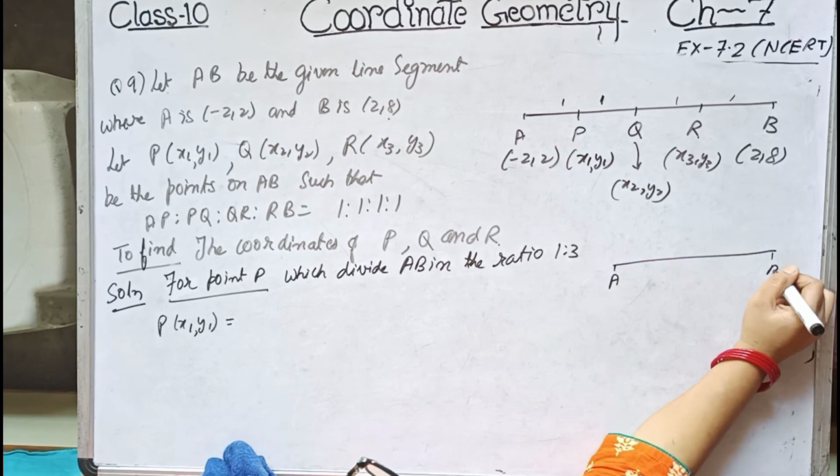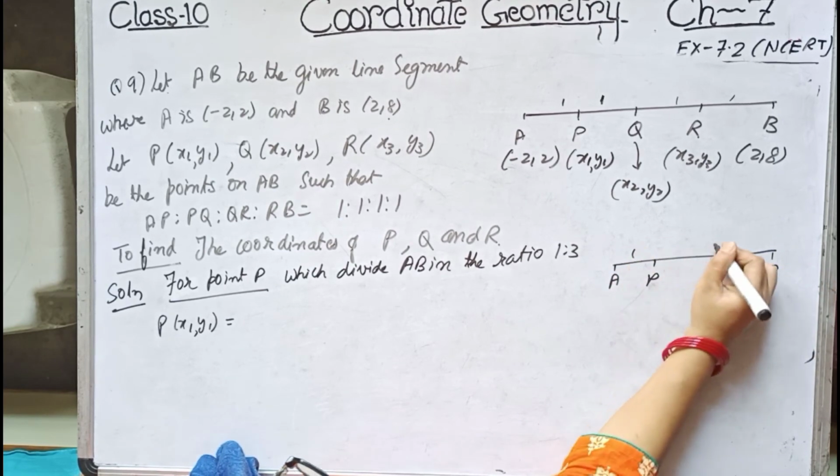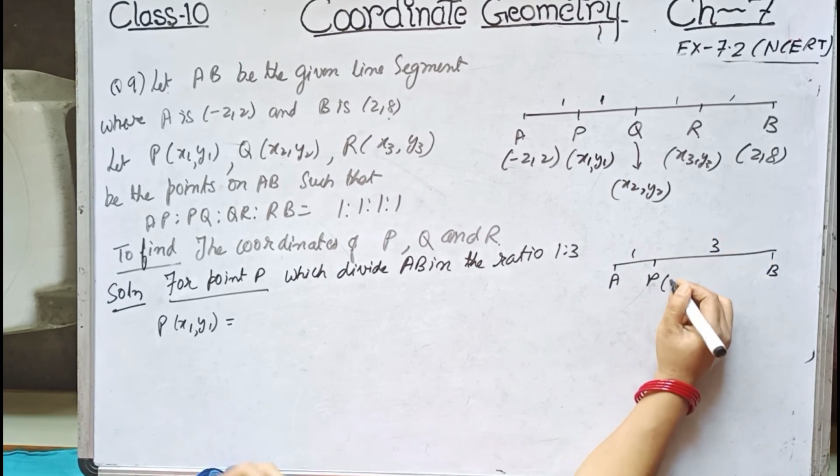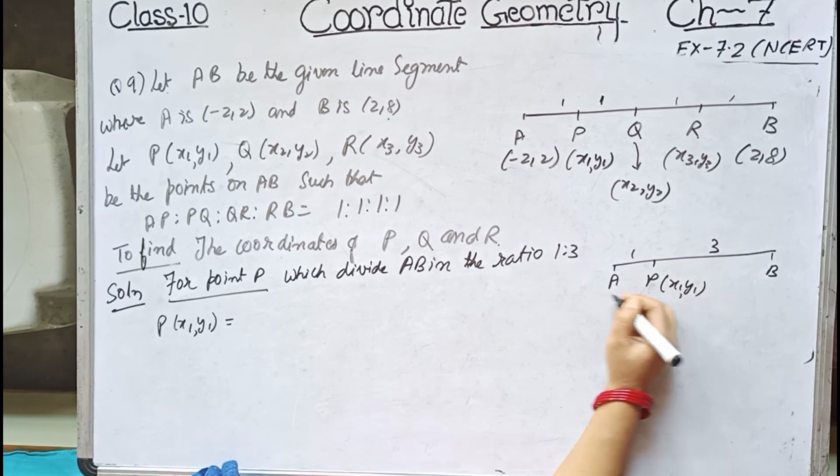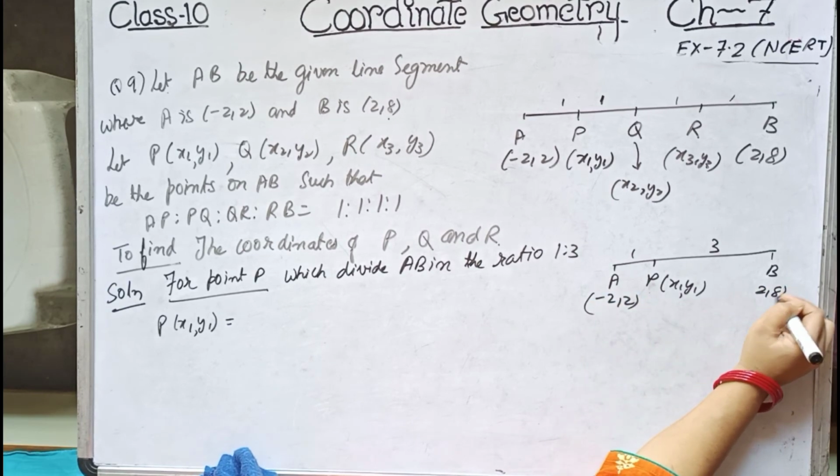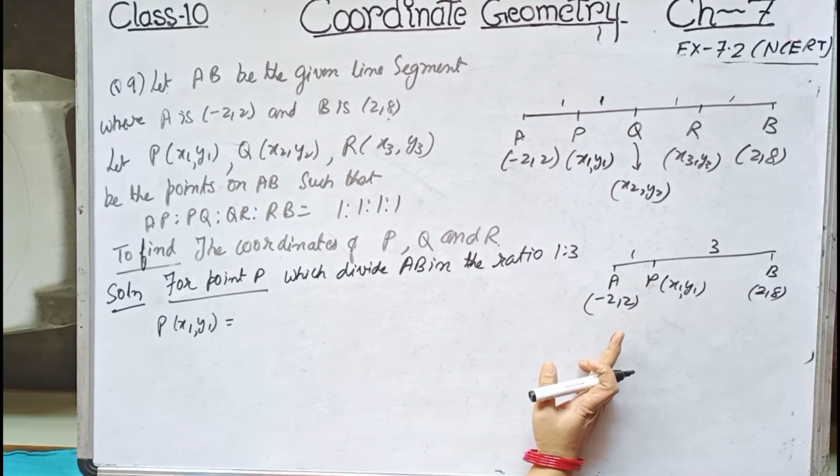A, B, P, 1, 3. P is (x1, y1), A is (-2, 2) and B is (2, 8). Now we have to get the coordinates of P.